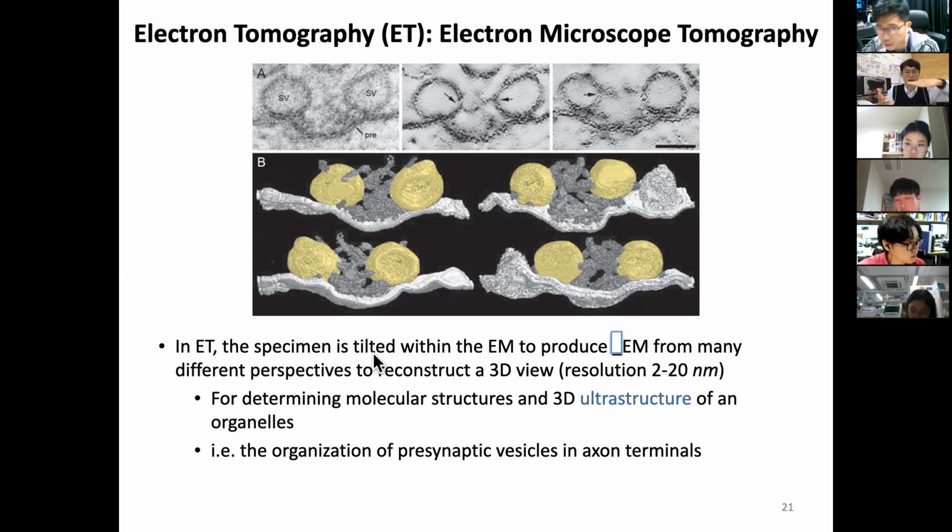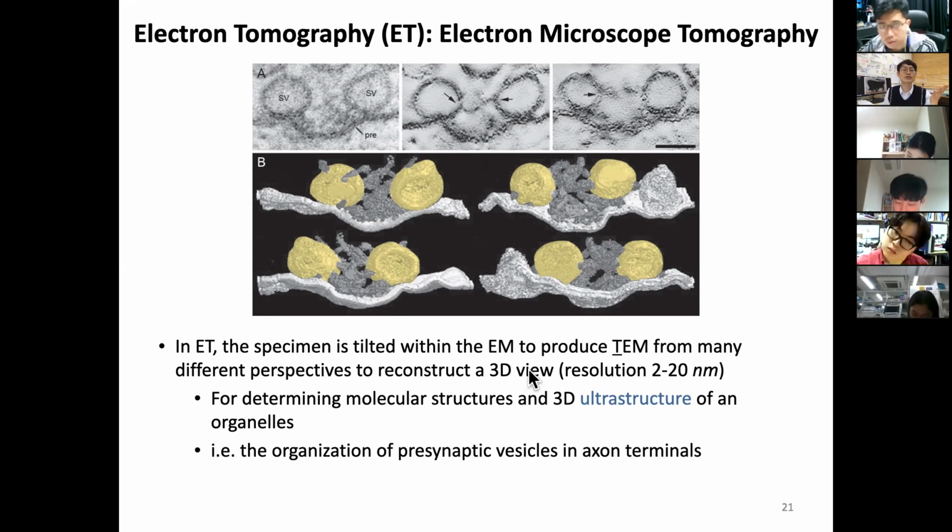Exactly the same concept. With TEM, your sample here, you shine, you tilt to a different angle, and then you reconstruct with these 2D projection images to create a 3D view, not exact, but almost good enough. So the specimen is tilted within the EM, TEM, not SEM, to produce many different perspectives and reconstruct a 3D view.